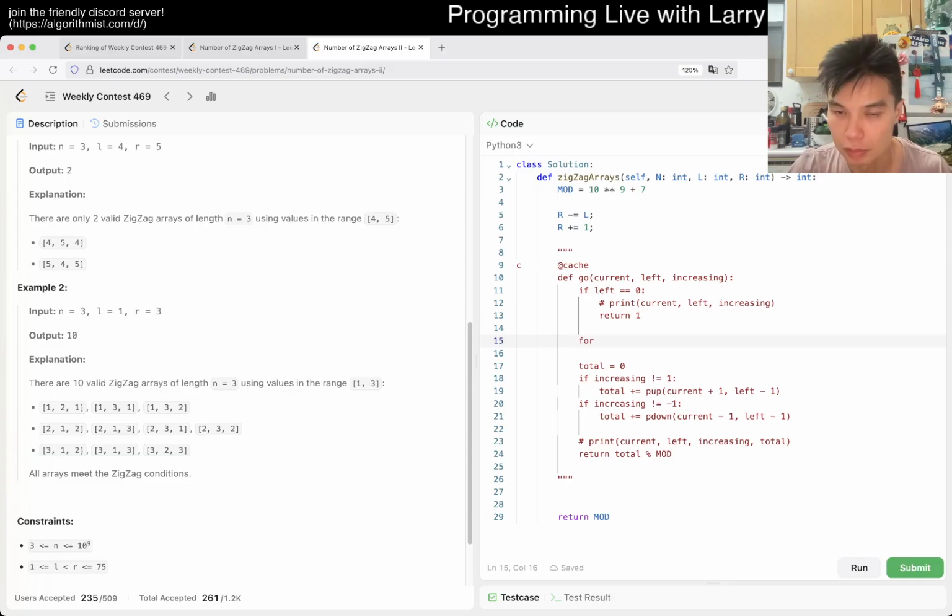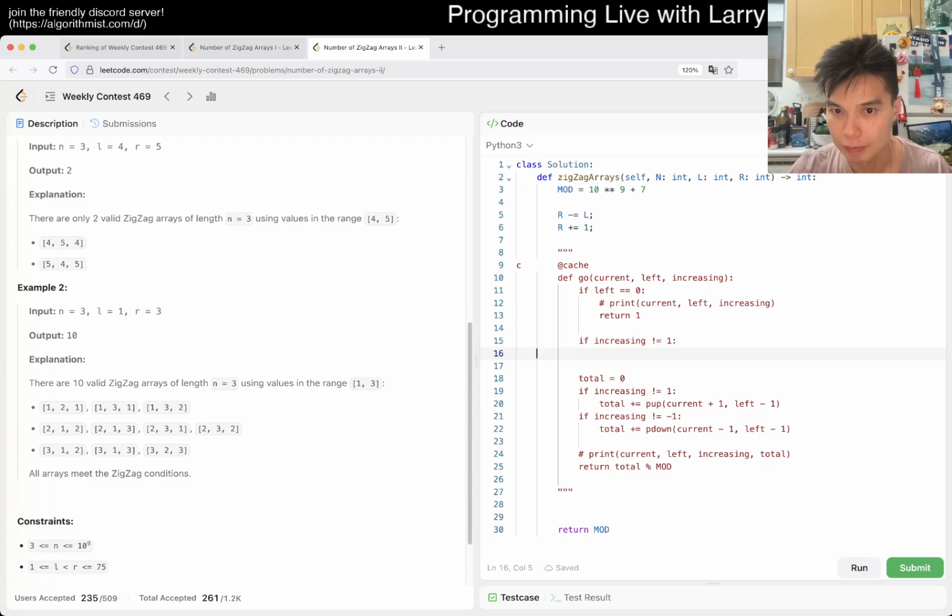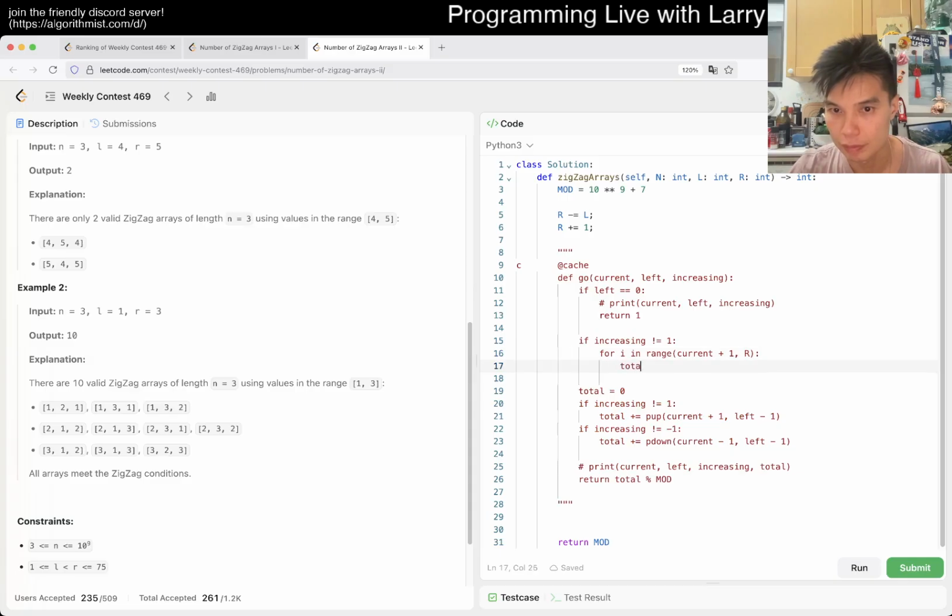If increasing is not 1, then total... no, that's it, right?